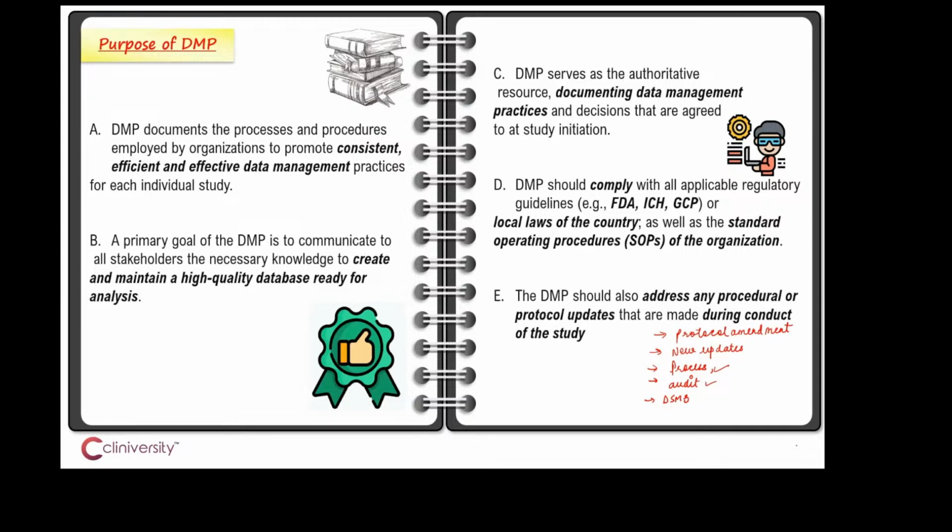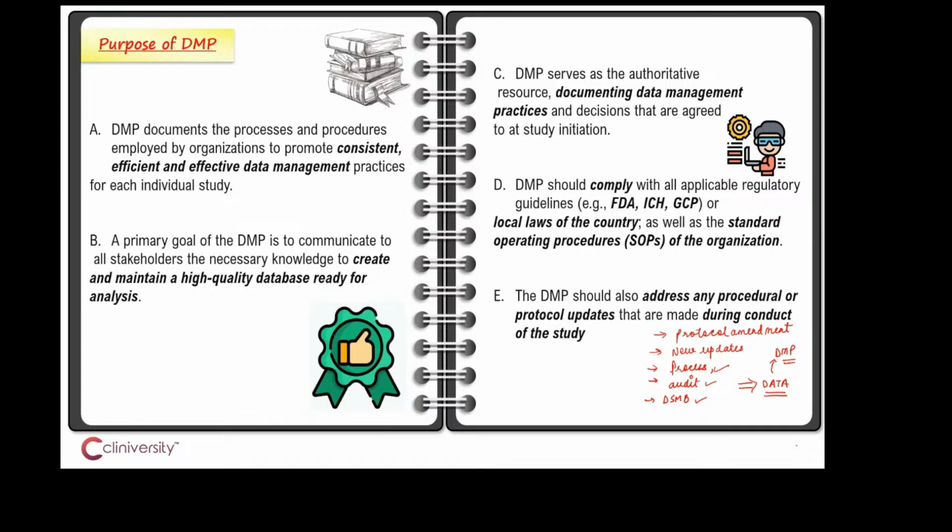Okay, and if there is a new process that has to be done, or the objectives of the study have to be amended in any way, all of that information will affect the final data. And if it is affecting the final data, it's important that the DMP takes care of how to handle this updated information in the data.